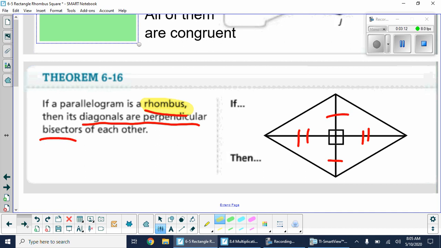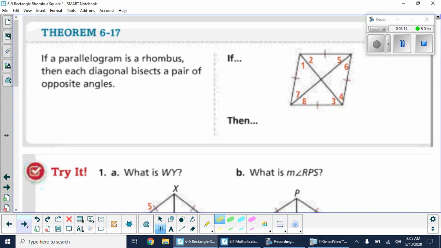Okay, moving along. So in this case, we have a rhombus again, and it says each diagonal bisects a pair of opposite angles. Okay, so once again, we are talking about bisecting, cutting in half, opposite angles. So that means when we take a look at angle 1 and angle 2, angle 3 and angle 4, those are all going to be equal because angle 1 and angle 2 are equal.